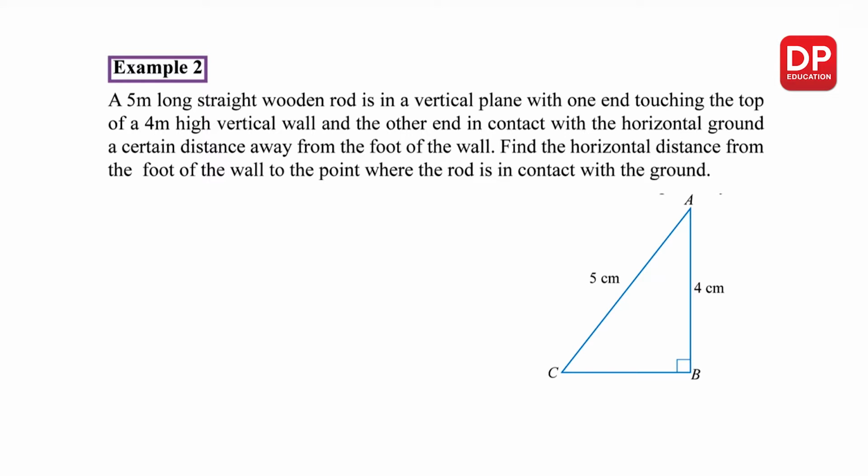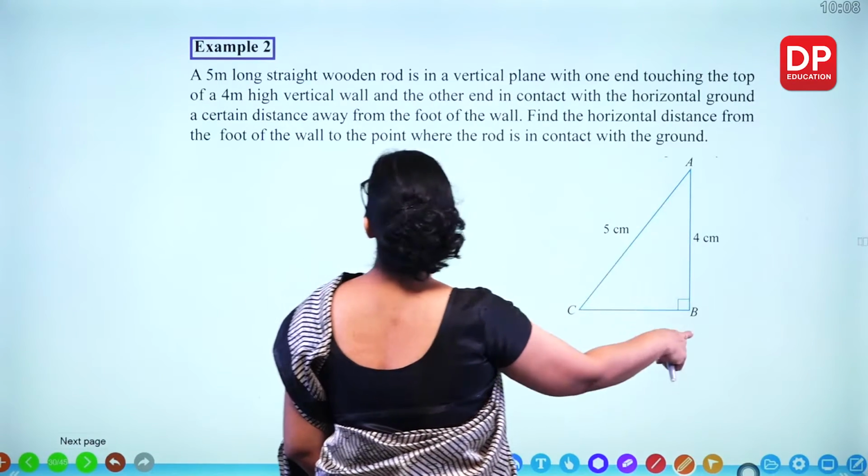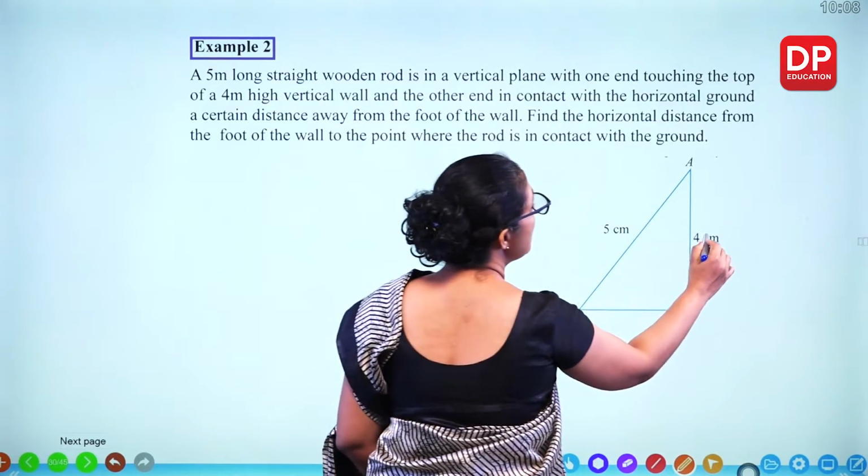Example number 2. A 5 meter long straight wooden rod is in a vertical plane with one end touching the top of a 4 meter high vertical wall. This is 4 meters.